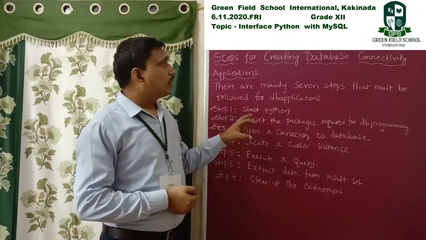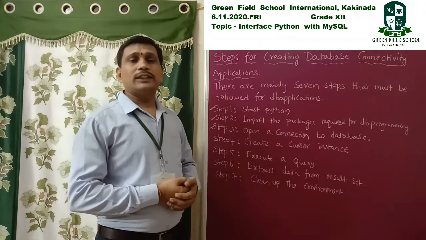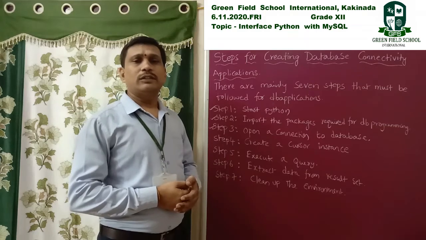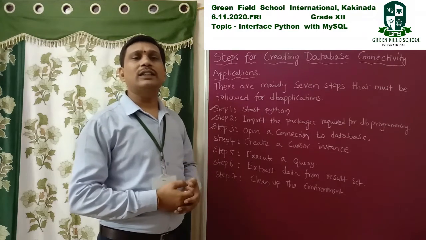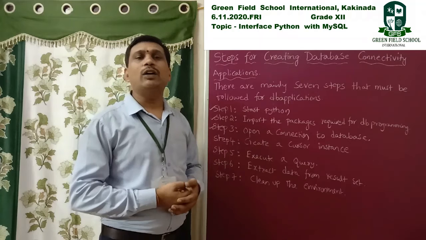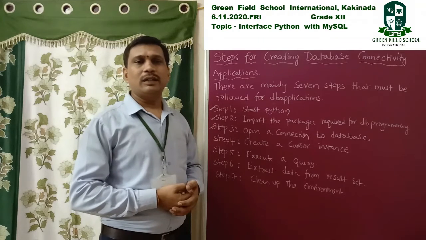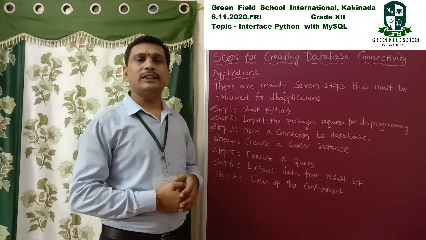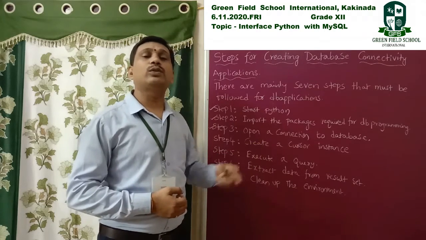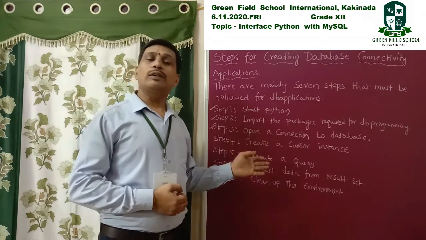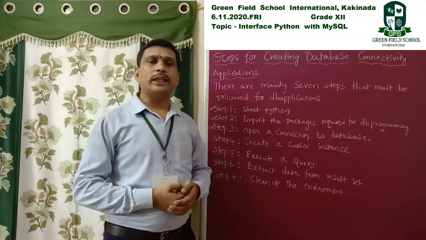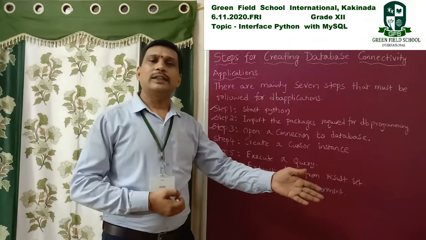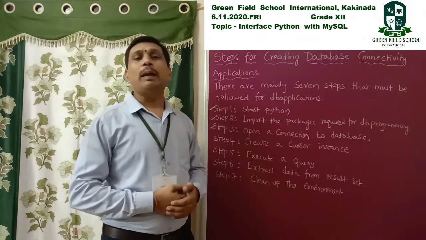This can be explained with an example, how front-end and back-end interact and communicate with each other. A two-way connection is established. The Python program interacts with the database application, and database data can be used in the Python program.